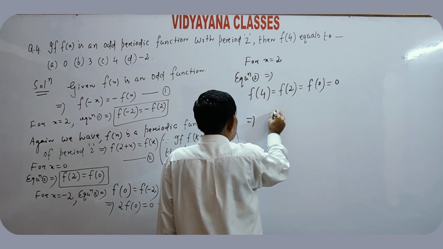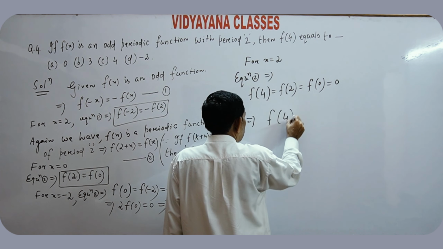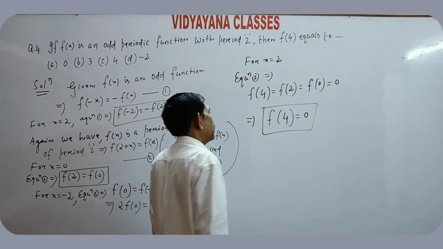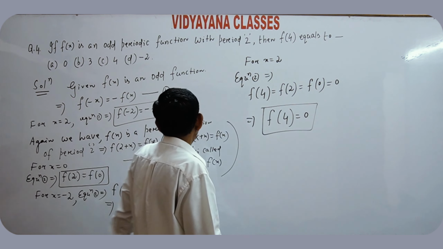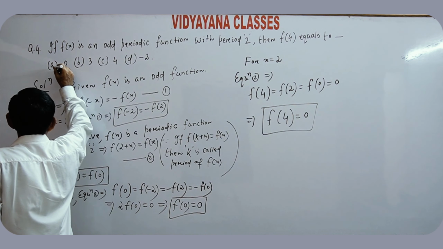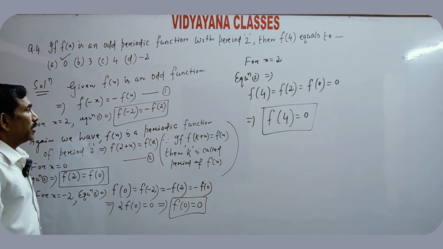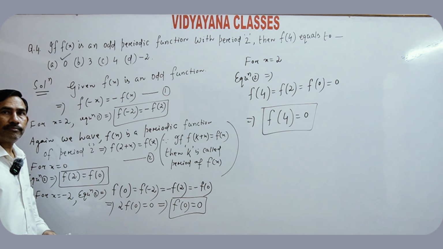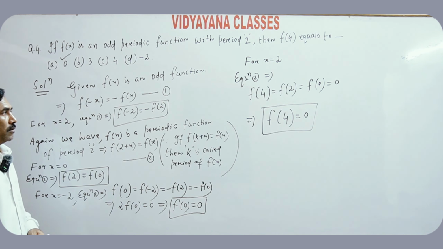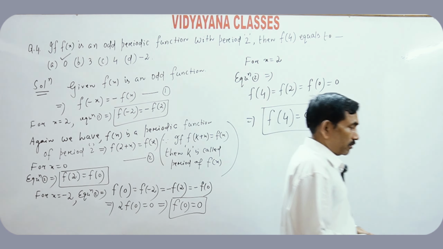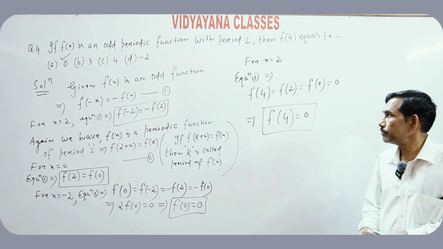Implies f(4) is equal to 0. That means A is the correct answer. f(4) is equal to 0. Clear?